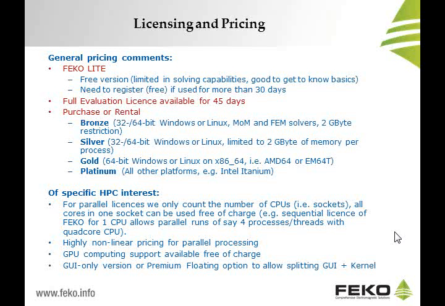And to accommodate and encourage the use of HPC facilities, we have the option to buy a larger license, for instance gold, for such an HPC environment, and then access it from various clients using a cheaper GUI-only version, which includes the full pre- and post-processing environments and a reduced kernel.